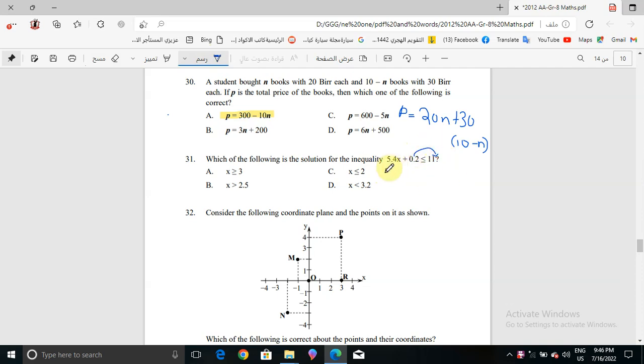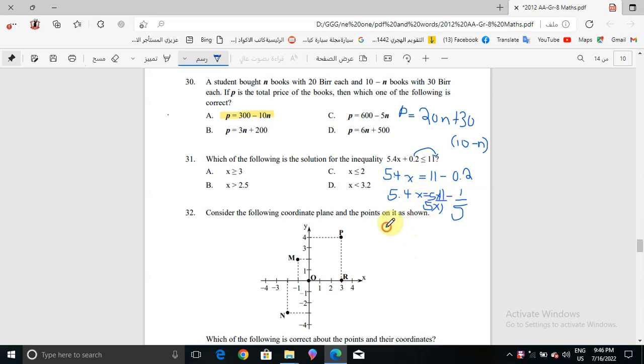So that means 5.4x is equal to 11 minus 0.2. That means 5.4x is equal to 11 minus 1 over 5. Then here over 11 over 1 times both by 5.